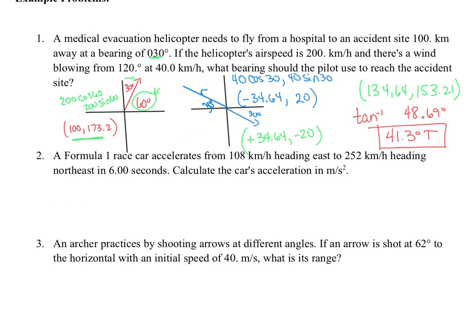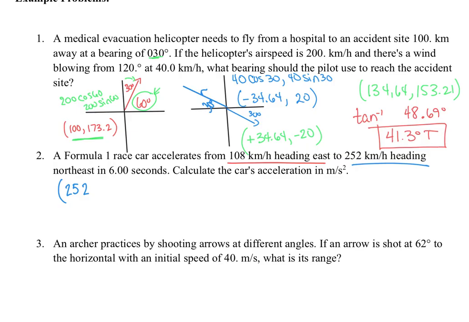So a Formula One race car accelerates from 108 kilometers per hour heading east to 252 kilometers per hour heading northeast. So we're going to start with our ending here because acceleration is just velocity over time, right? So we're going to say, well, the initial heading was 108 east, but we're going to take our ending, which is the 252 northeast.